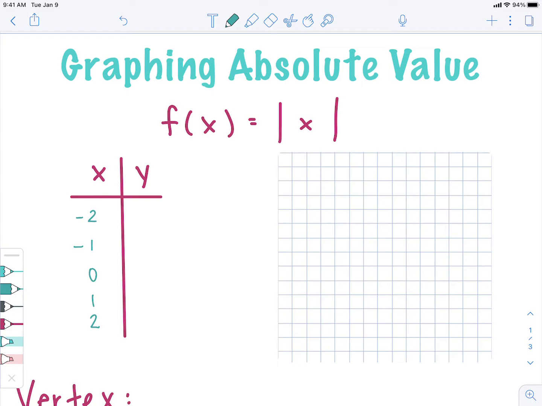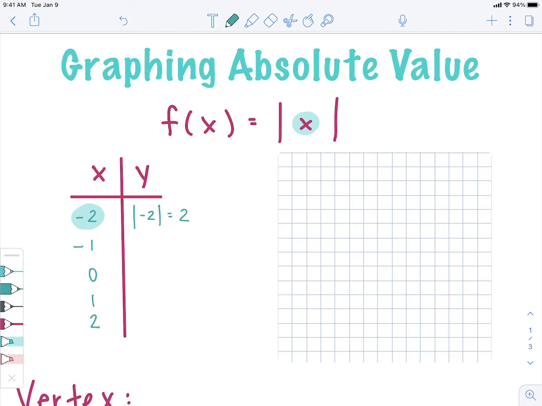So we're going to take this -2, and we're going to replace x with a -2. So we would have absolute value of -2. And we know the absolute value of -2 is really what? 2.